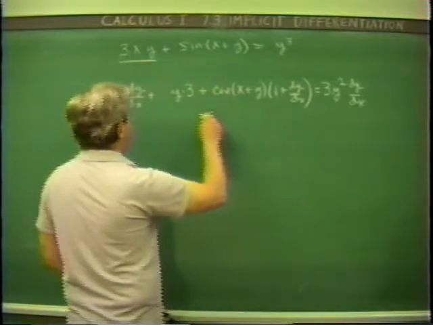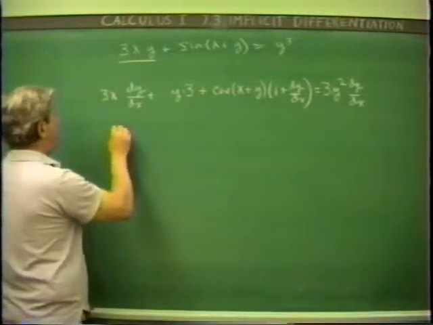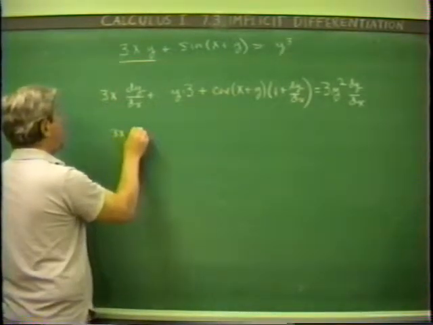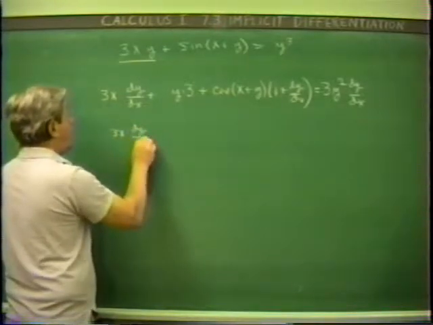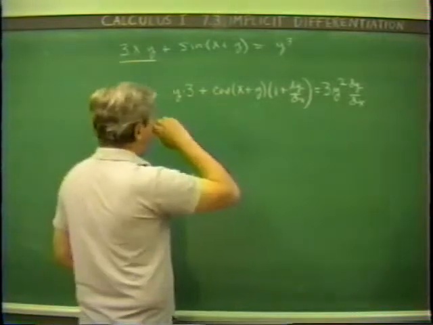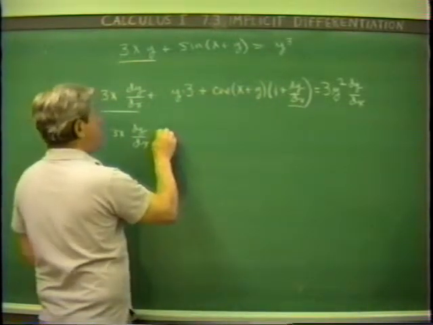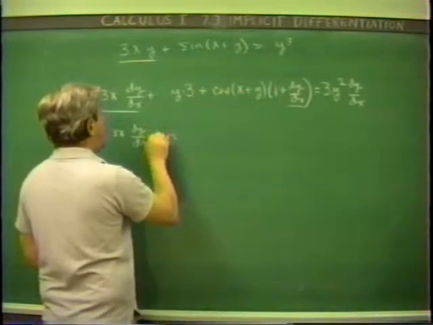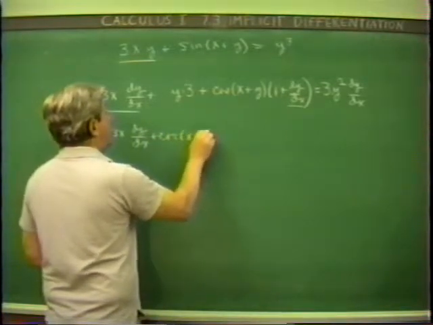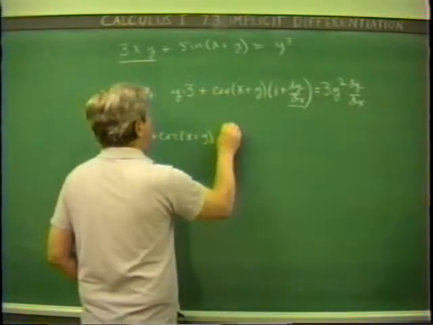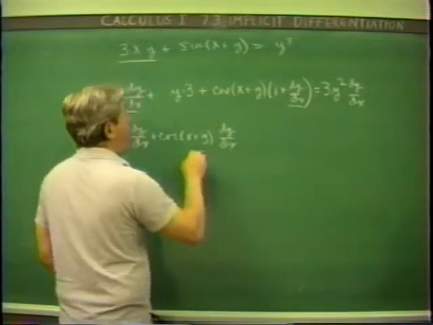So that here, for example, if we take everything with dy dx to the left-hand side, we've got 3x dy dx. That takes care of this. And now we've got this dy dx times cosine of x plus y. So we've got cosine of x plus y times dy dx.